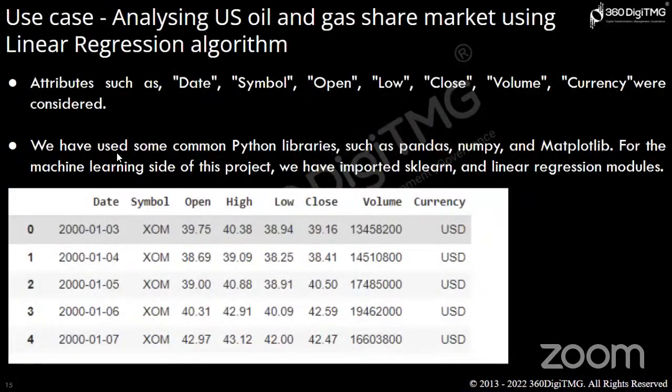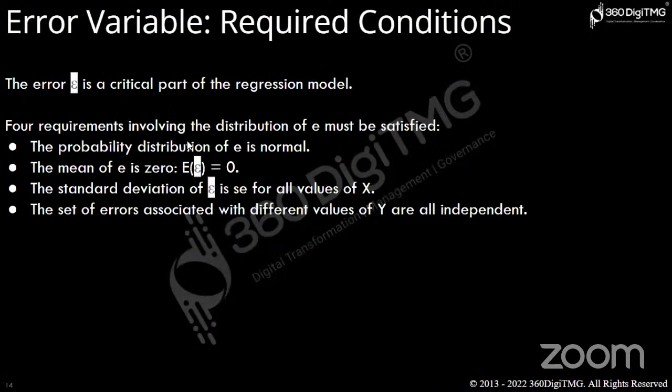The mean of error is 0, and the standard deviation of error is the same for all values of x. The set of errors associated with different values of y are all independent of each other. So these are a few things that we consider when it comes to the error variable.